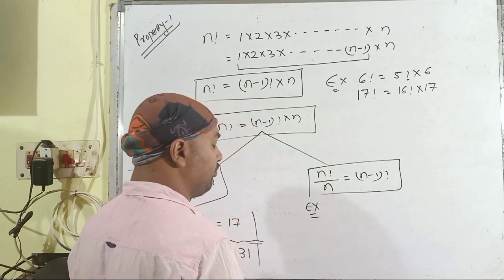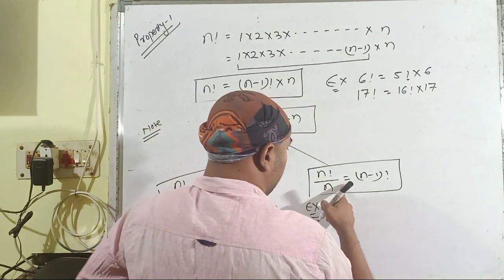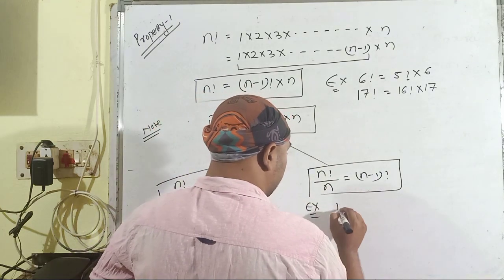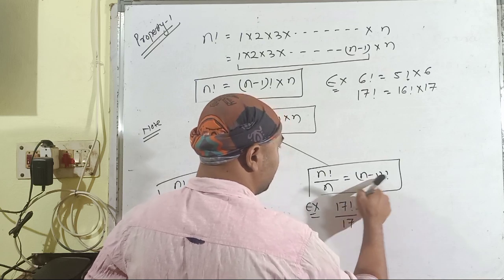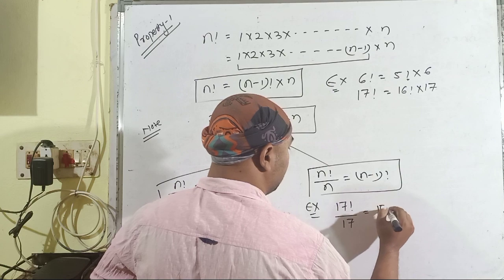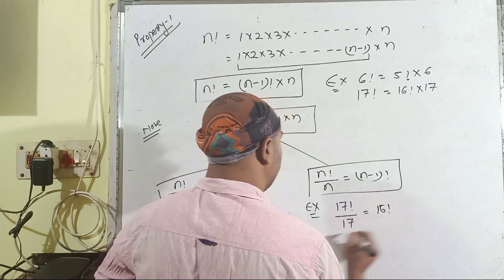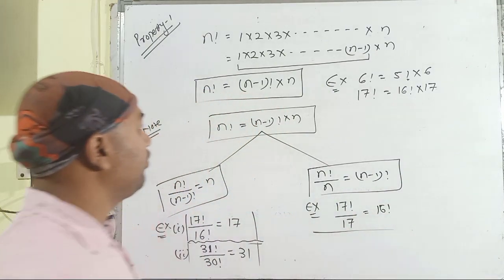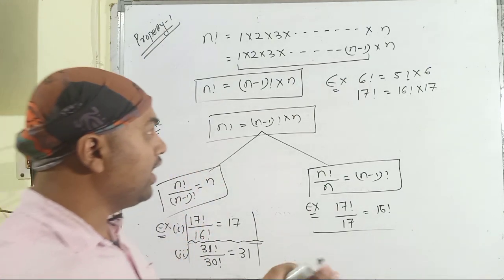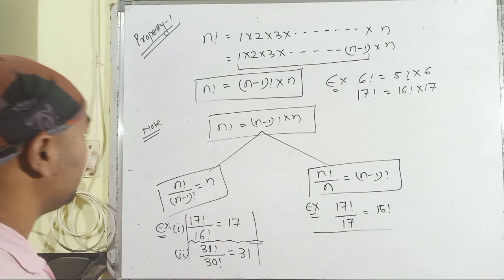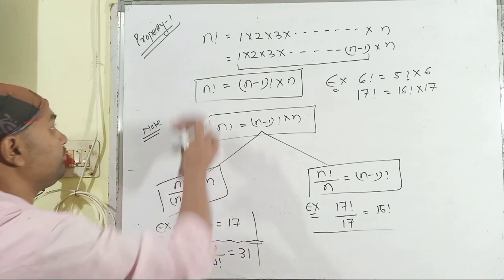Some of the examples can be solved by using this formula. 17 factorial divided by 17 will be 17 minus 1, that means 16 factorial. So these are some of the examples based upon property number 1. Then let us move towards another property based upon the factorial.